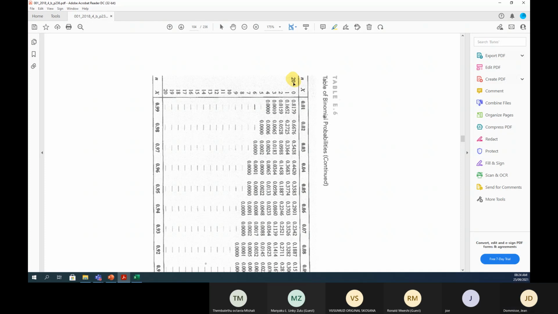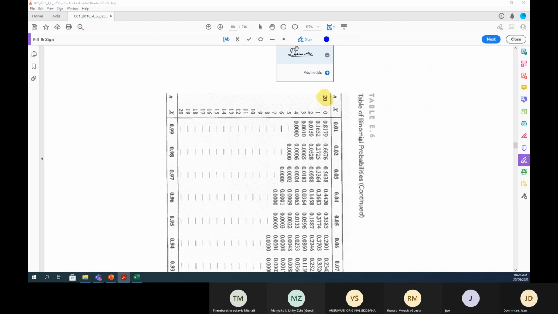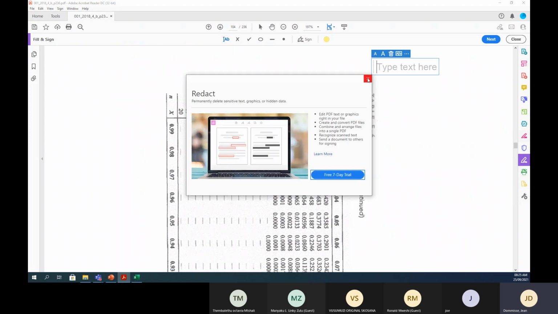So it's N20. Remember, I just want to see if I can write here something. No, not my signature. Okay, so that's not gonna work for me. So let's just skip that.